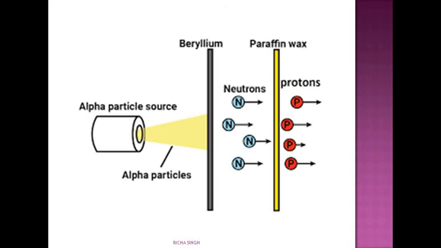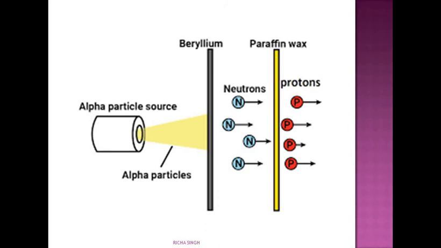He also observed that the mass of the neutron was equal to the mass of the proton. Thus the neutron was discovered, having a mass of 1.6 × 10^-27 kg, equal to that of a hydrogen atom, and it does not have any charge.